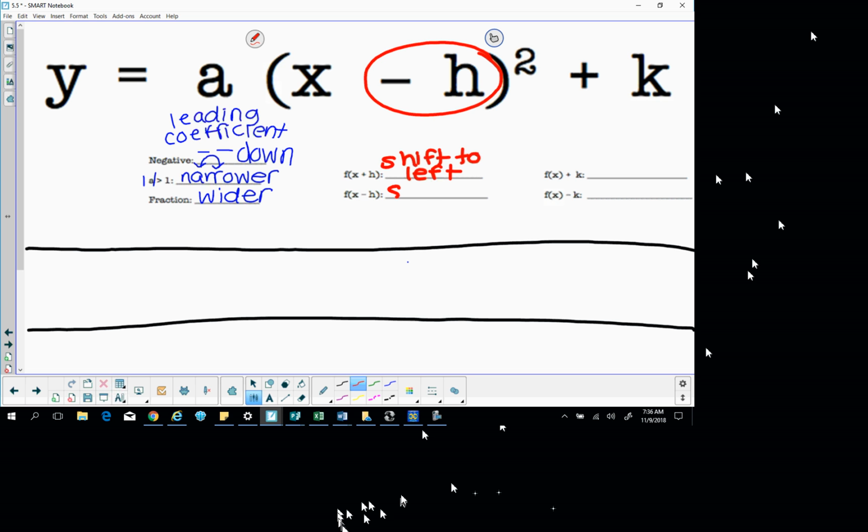If it's minus h, we know it's a shift to the right. We taught you the forms before so that you can see that opposite thing, why it's moving to the left. Below, you're going to write this: we also know it's our x coordinate of our vertex.